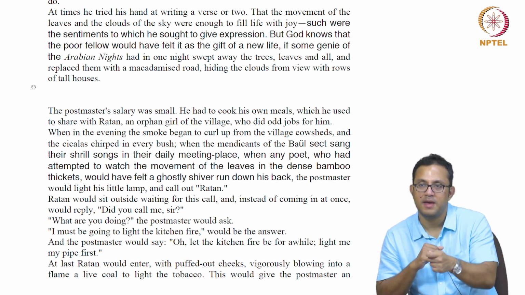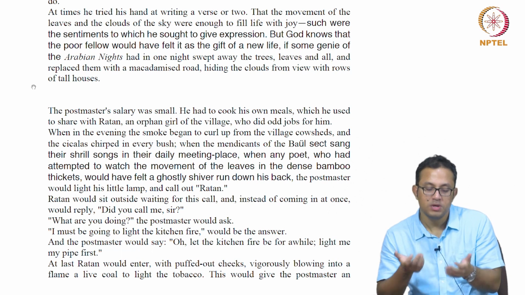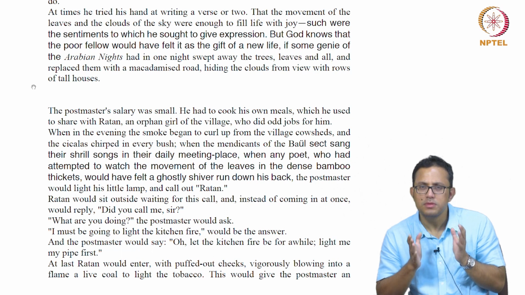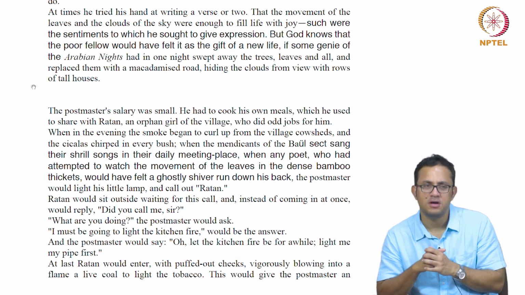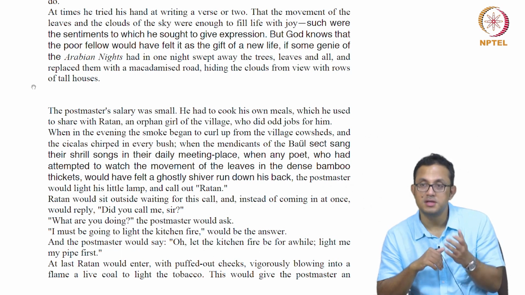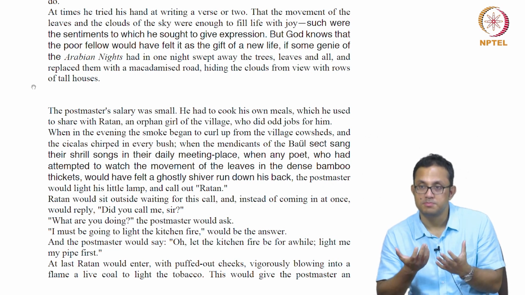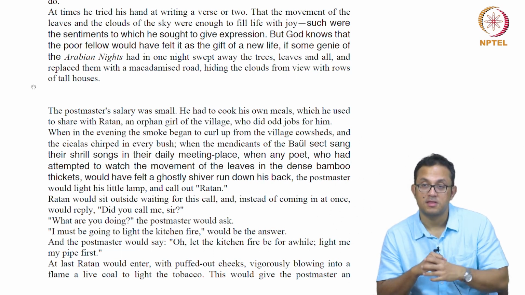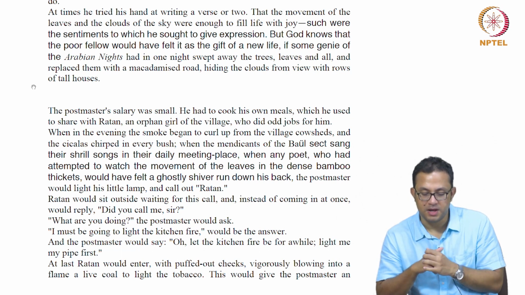The preference for the pipe rather than the kitchen fire would indicate that the postmaster looks at this place as a place of leisure, a place of inaction, a place where he has to kill time, rather than a place of nourishment, because the kitchen fire can be seen as a symbol of homely, intimate nourishment, which he doesn't want. Rather, he wants to light the pipe and smoke it, and that's what he instructs Ratan to do.